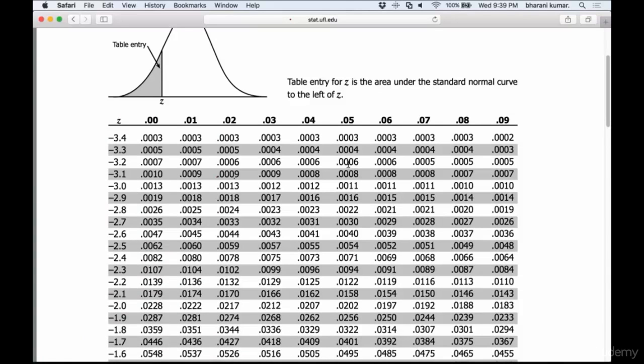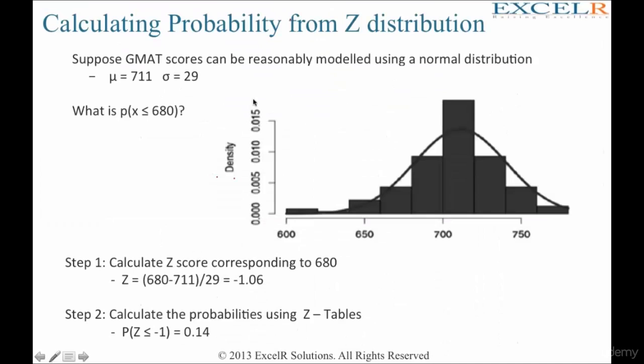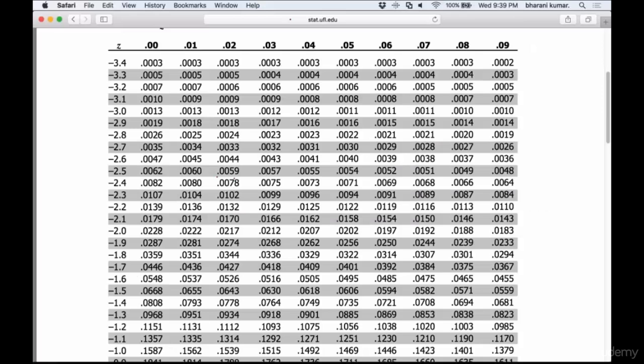Okay. Here is the Z value for which we need to calculate the probability: minus 1.06. And what is minus 1.06? This is the standardized value for your GMAT score 680. Minus 1.0 is here.